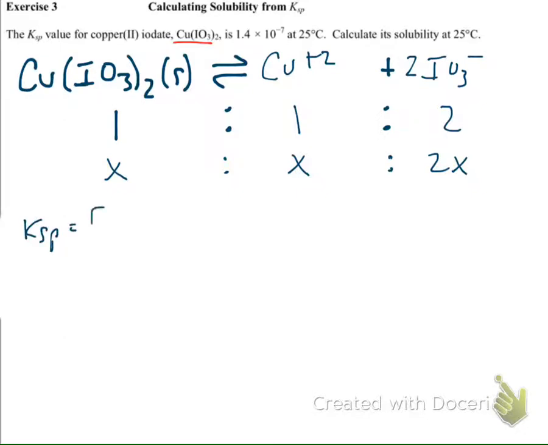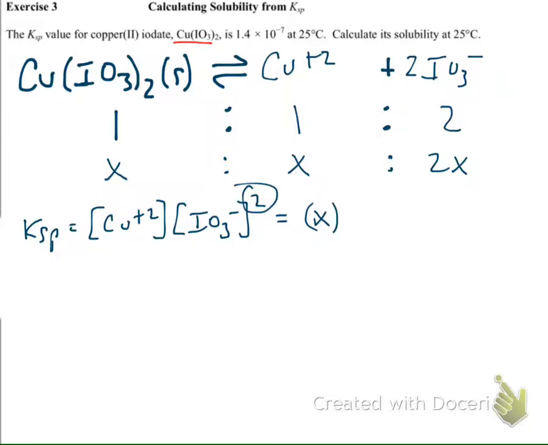We can say that our KSP equals Cu plus 2 times IO3 minus squared. We can't forget this squared here. If we want to write it in terms of x's, we can say that it equals x times the 2x from here, and we still have to square it. Remember from earlier in equilibrium that this is the quantity of 2x squared, so we have to square that 2 also.